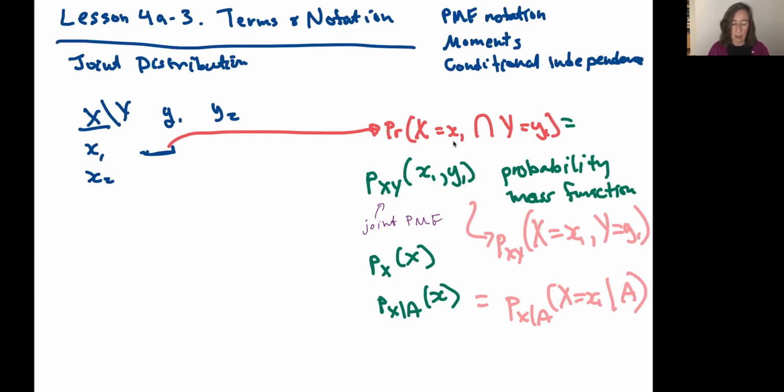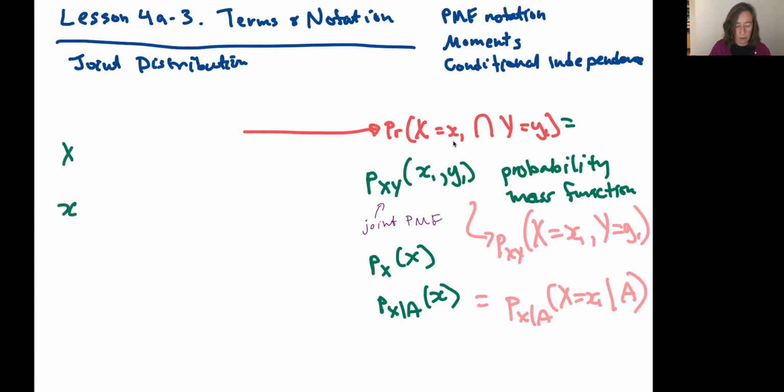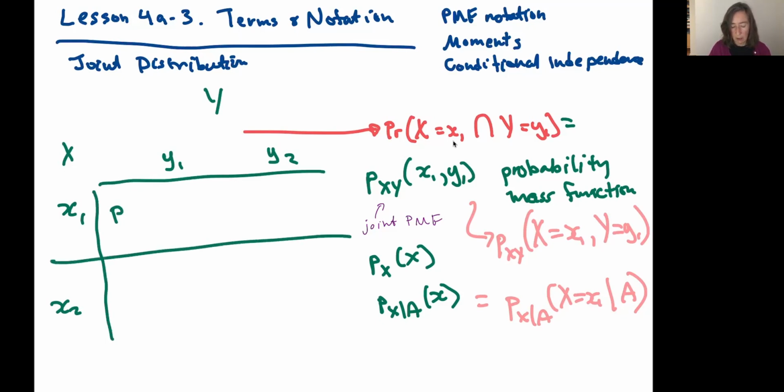So maybe just giving myself a little more space here to write the whole joint distribution, where X takes values X1, X2, and Y takes values Y1, Y2. This would happen if I'm doing cross tabs, putting the probabilities here in the cells.